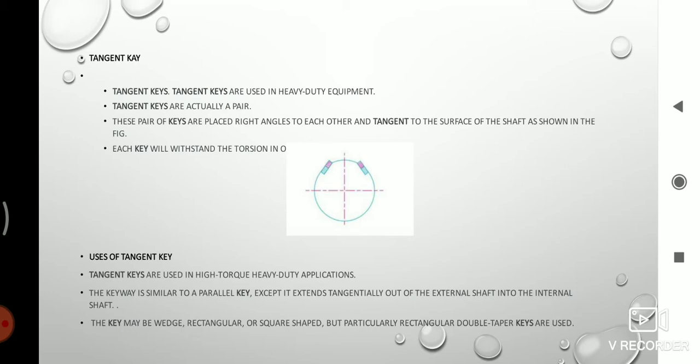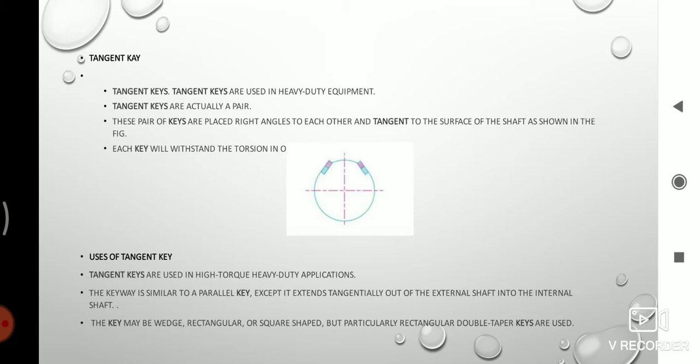Each key will withstand the torsion in one direction. Use of tangent keys: tangent keys are used in high torque heavy duty applications.